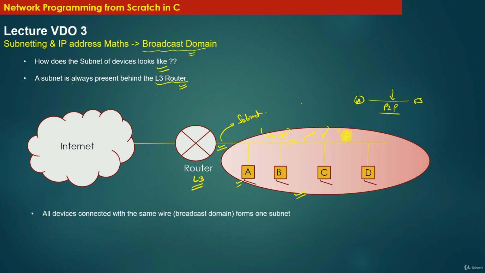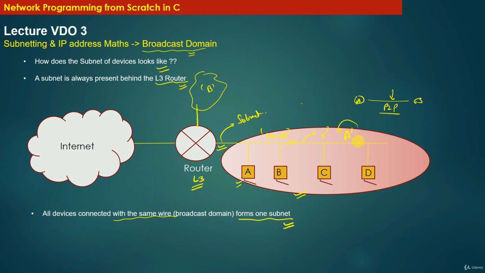Let us call this subnet A. Similarly, if there was another interface on the router, that interface would represent another subnet, let's say subnet B. Depending on the IP address configured on that interface and the mask value configured on that interface, we can calculate the subnet ID. And all devices connected to the same wire form one subnet.